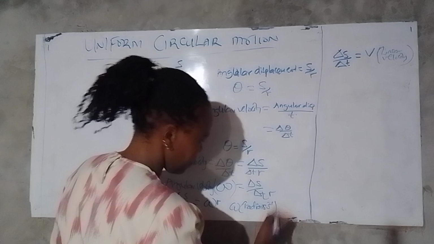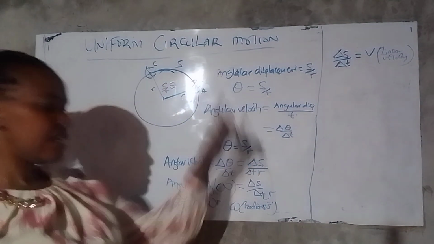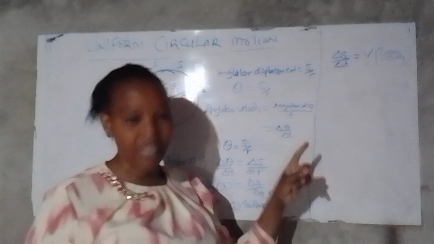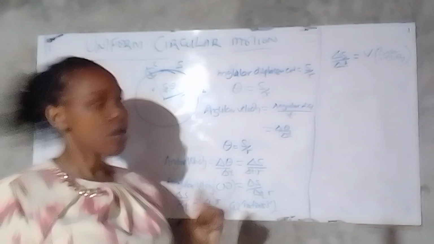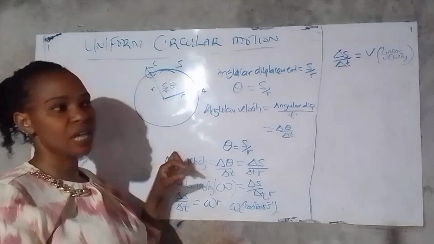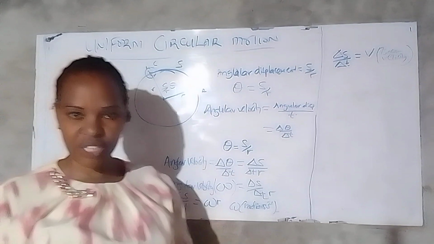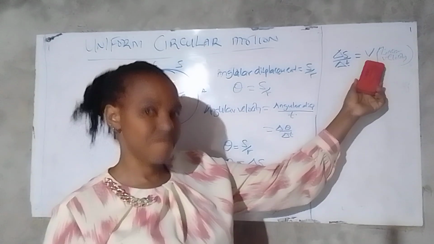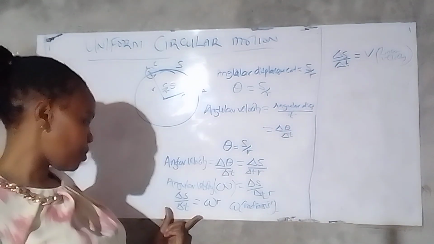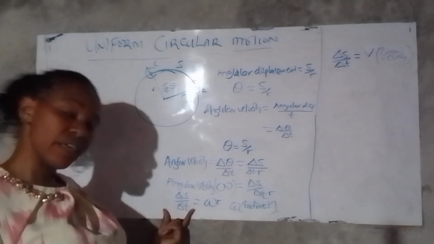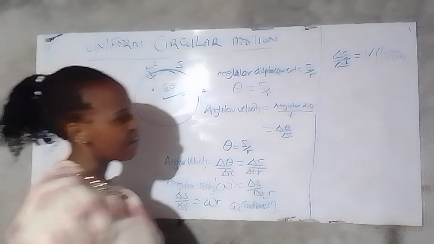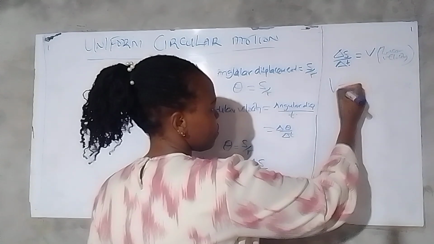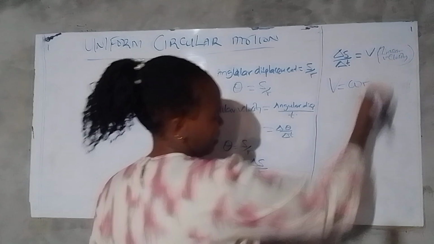But delta S over delta T will be in meters per second, because when you cut that piece and put it on a ruler, what you get will be in meters. So it is our linear velocity V. So I can substitute what is here, delta S over delta T, with V. So what we have finally, V equals omega r.